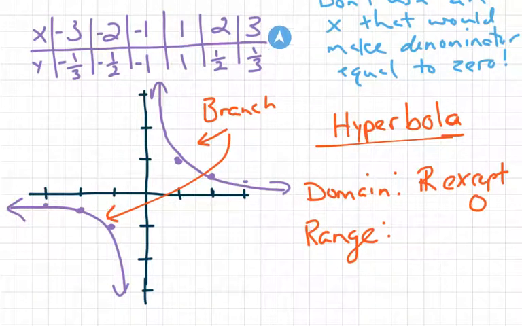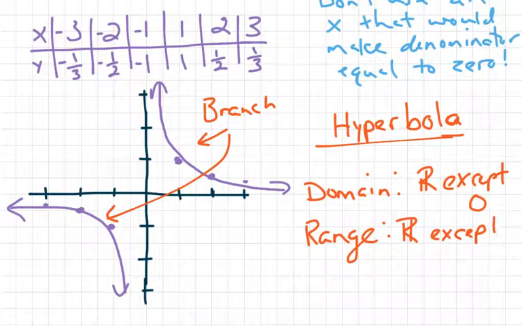So if we make this 4, that's 1/4, 1/5, 1/6, 1/7. We're never going to get to 0. Okay, so for our range here, it's also going to be all real numbers because it goes up and down in each direction forever, but we're never going to see the y value of 0 either on this function.